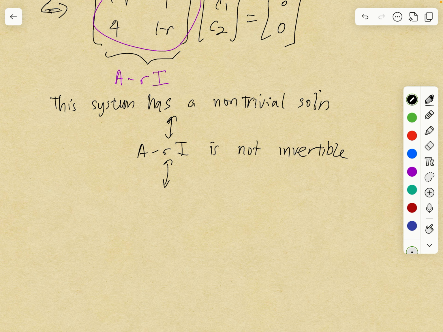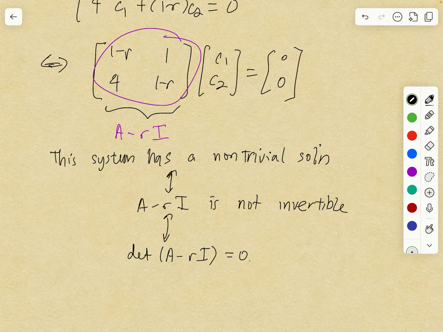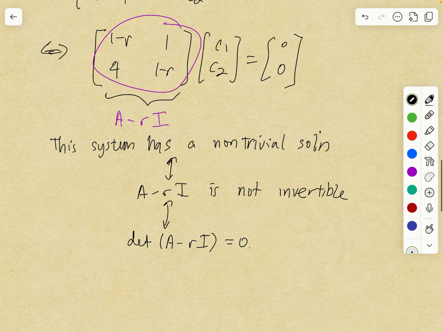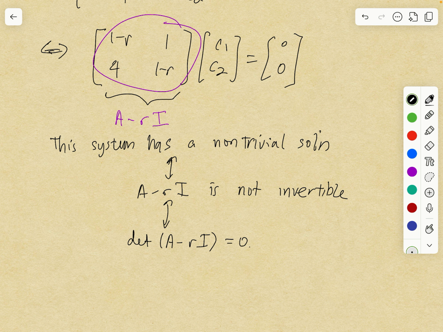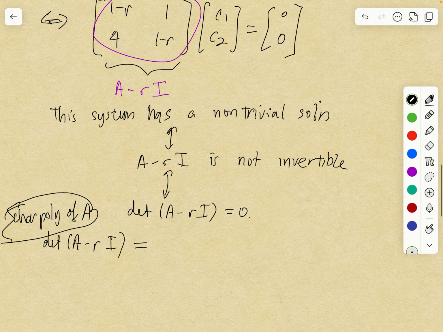And that happens if and only if the determinant of A minus rI is 0. So they're all the same thing, mathematically equivalent. So let's calculate the determinant of this A minus rI. That's the characteristic polynomial of A, just to remind you. So we're calculating the characteristic polynomial of A.